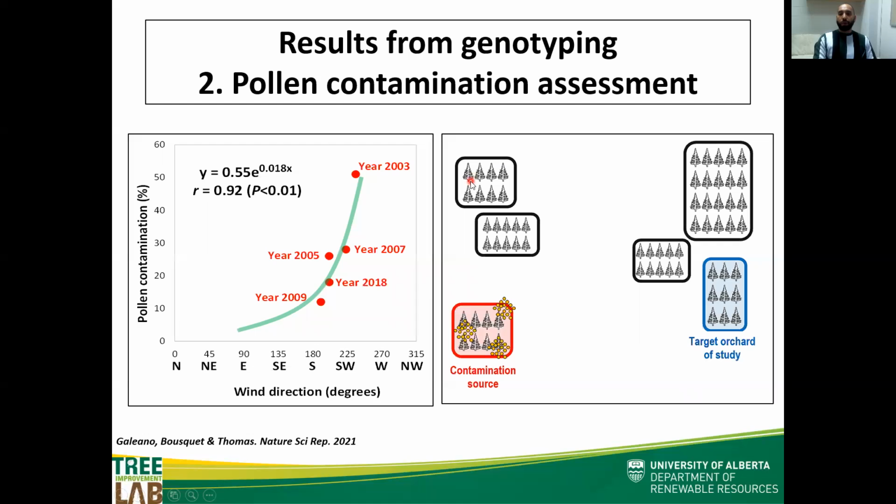In these black squares, we can find other seed orchards that are not white spruce, and the white spruce ones are here, and we found that the contamination source is located here, and we have a significant amount of external pollen coming from the target orchard of the study.